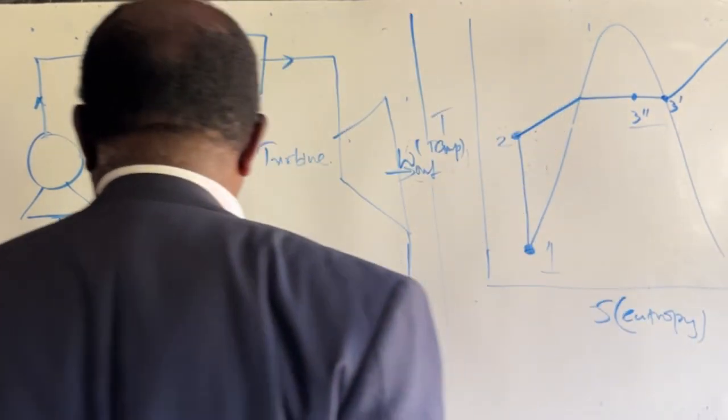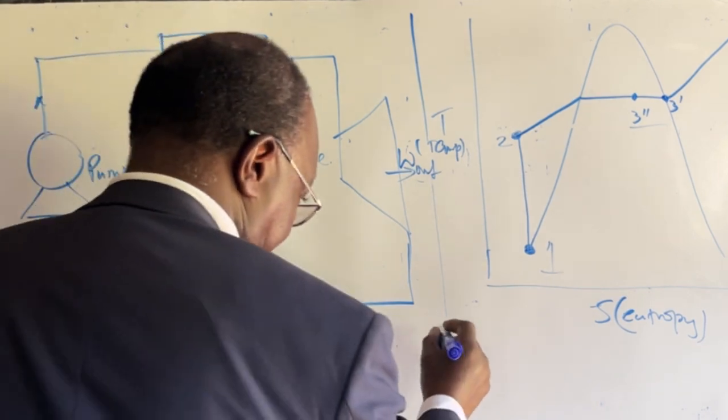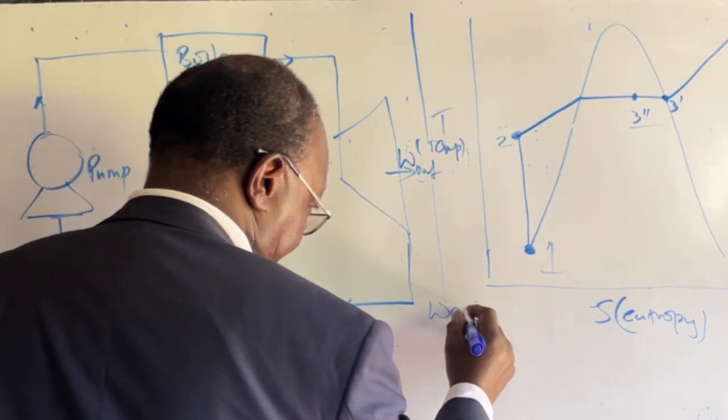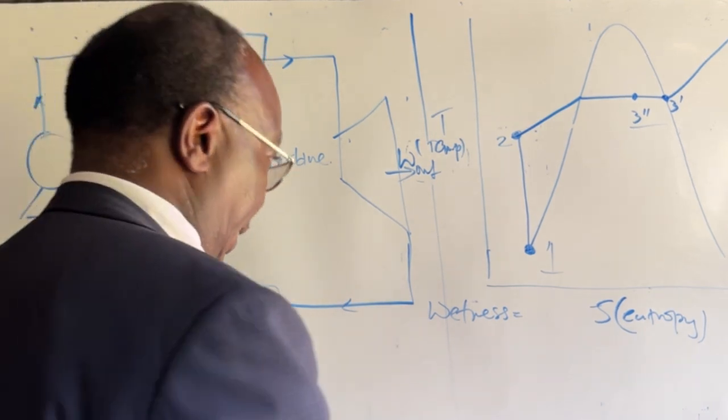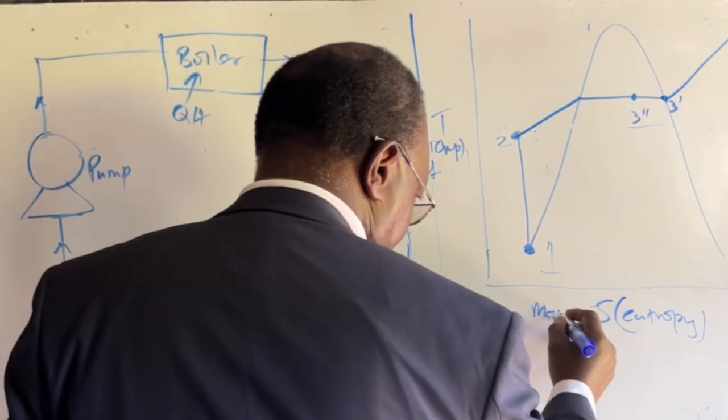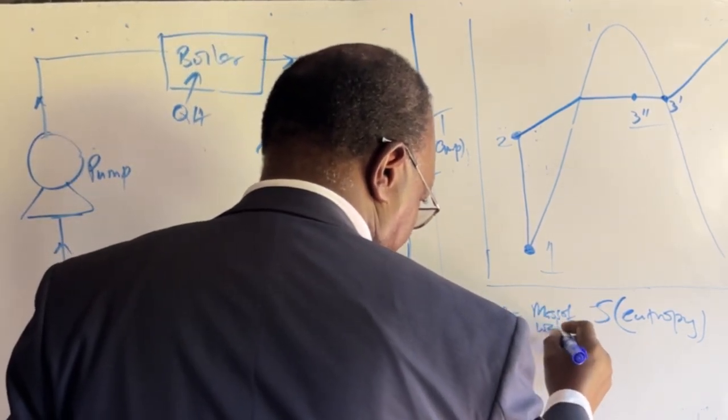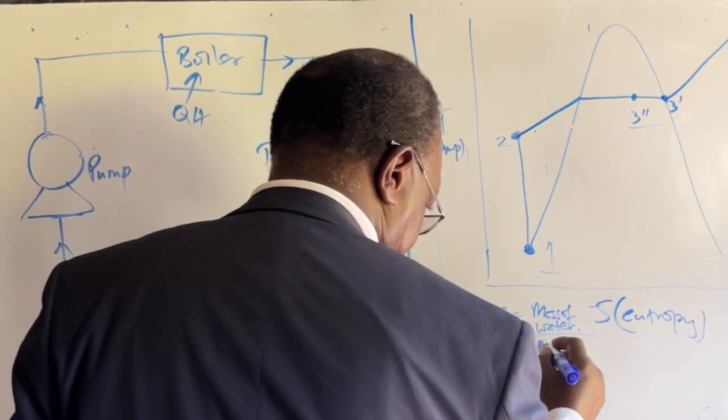Now that corresponds to a wet vapor. So the wetness fraction normally is the mass of liquid, of water, over the mass of mixture.